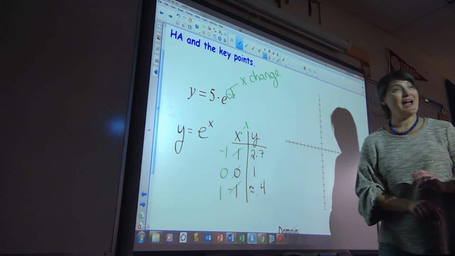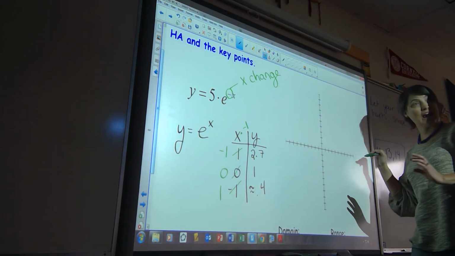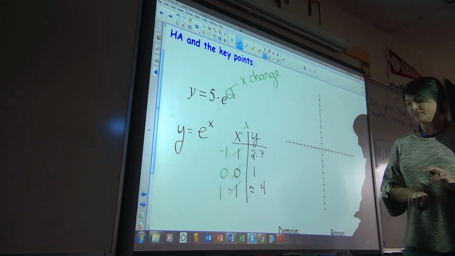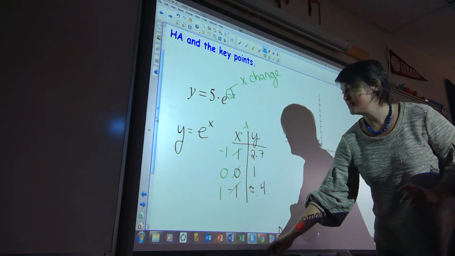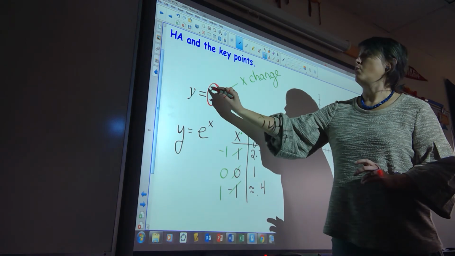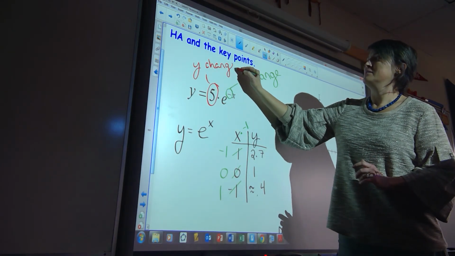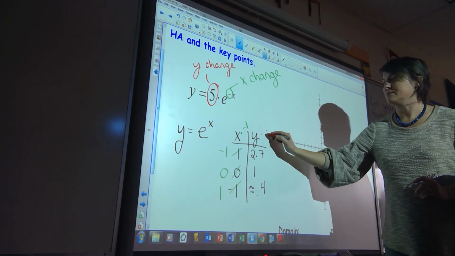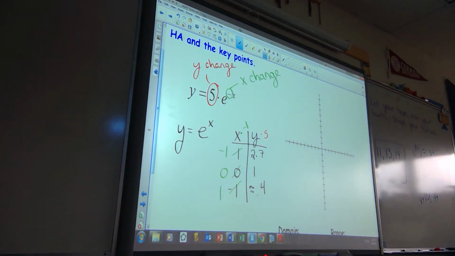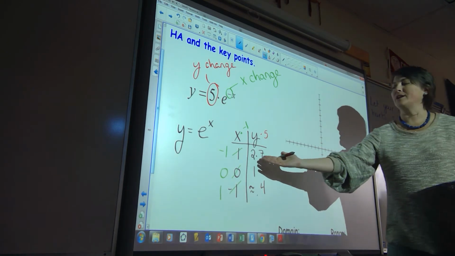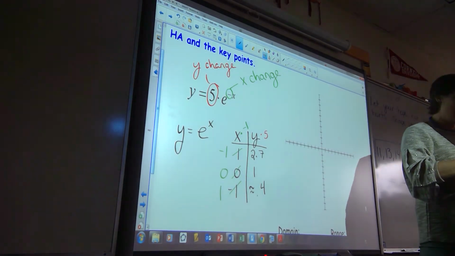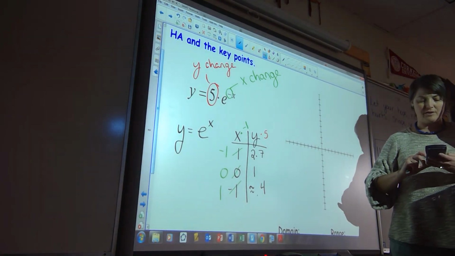And what will end up happening is that this should decay when I go and graph it. This right here is a y change. And so then I would multiply all these by 5. And this is where I wouldn't expect you to do this multiplication in your head. You could certainly reach for a calculator on that.